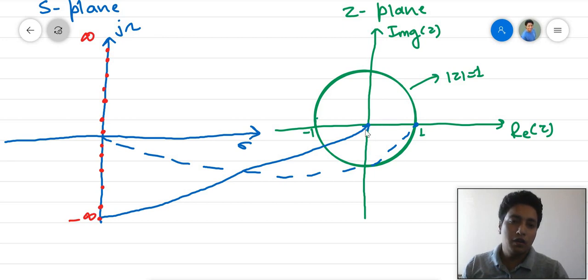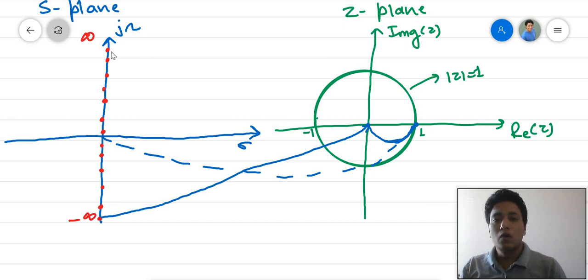That means this whole section from minus infinity to 0 is mapped between 0 and 1, but in the negative part.